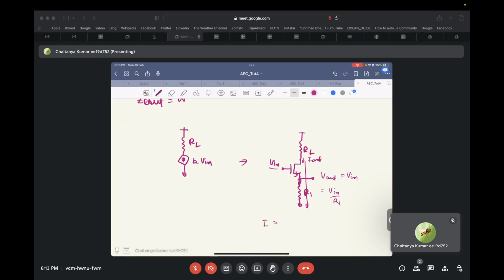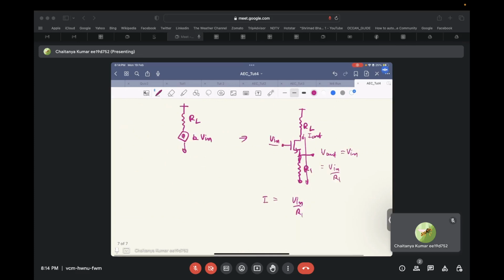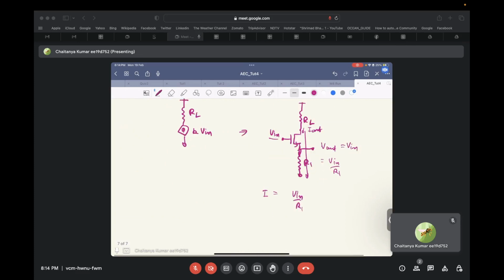So the current we get is V in by R1. Again, the voltage to current gain is independent of the transconductance of the circuit, and only if the transconductance is large enough, it is equal to 1 by R1.